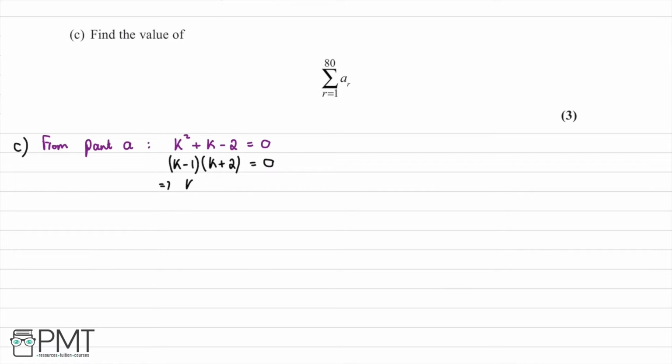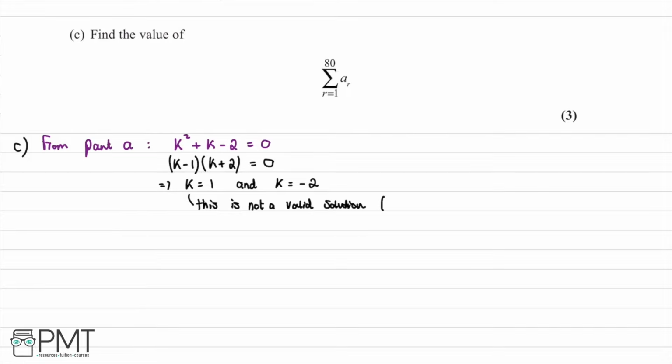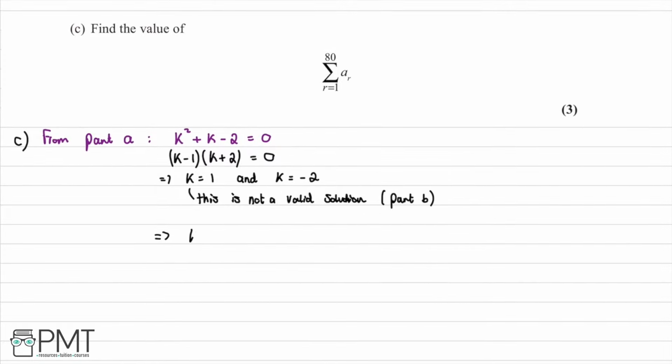So therefore, we have that k is equal to 1 and k is equal to negative 2. But we know that k equals 1 is not a valid solution for this sequence because of part B. So I'll just note that down in brackets there, part B. So therefore, we have that k is going to be equal to negative 2.